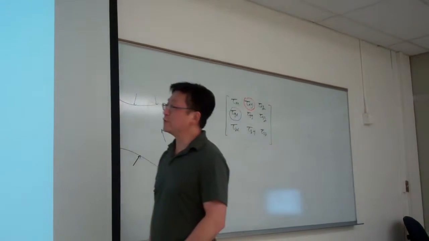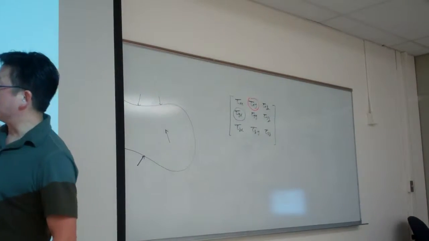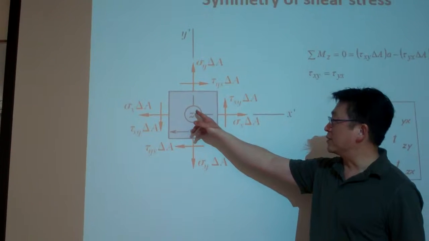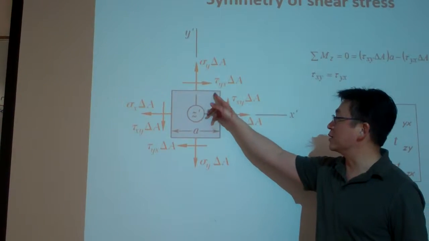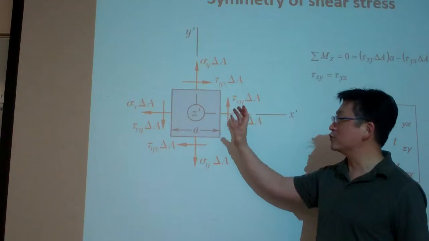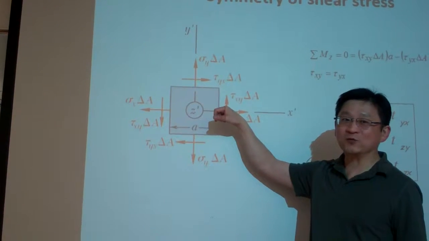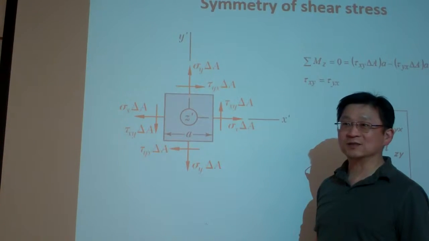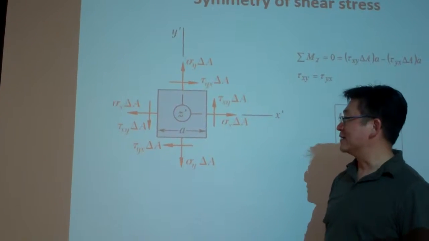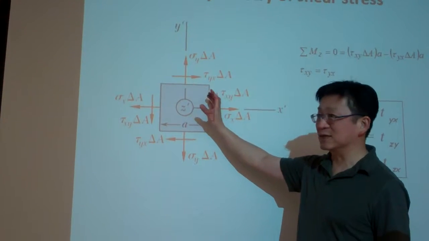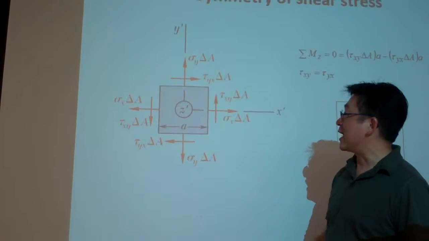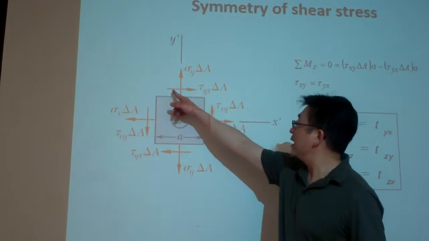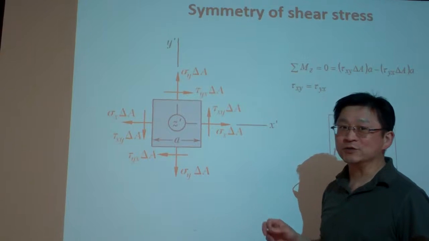In our textbook, we simply take the equilibrium of moments about the z direction, because the whole element must be stationary and shouldn't be rotating. Otherwise, we won't be studying statics; the mechanics of materials we're going to study would be vibrations. Right. So here we have to make sure everything is static, in equilibrium. In magnitude, this and this must be the same.